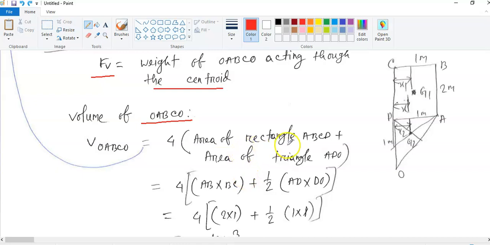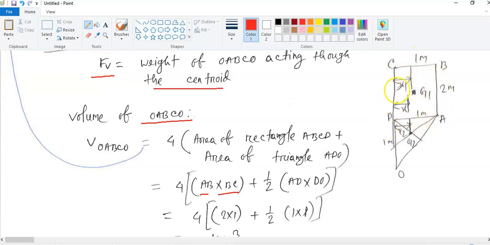The area of rectangle ABCD will be AB times BC, and it is 2 and 1. For the triangle, we know the formula: it is half times this vertical and this base, so AD and DO. So it is half times AD times DO. If DO is 1, it will be 1.